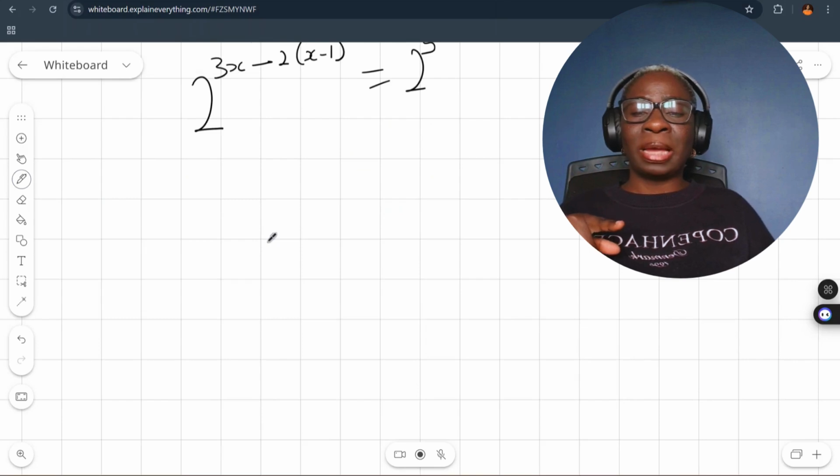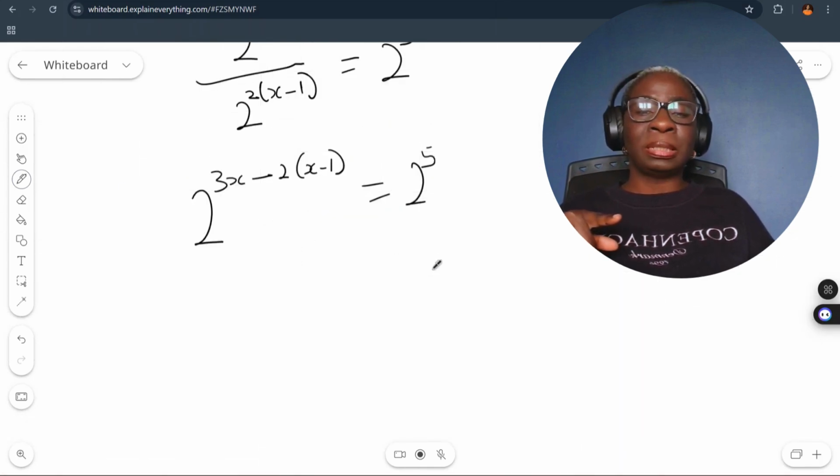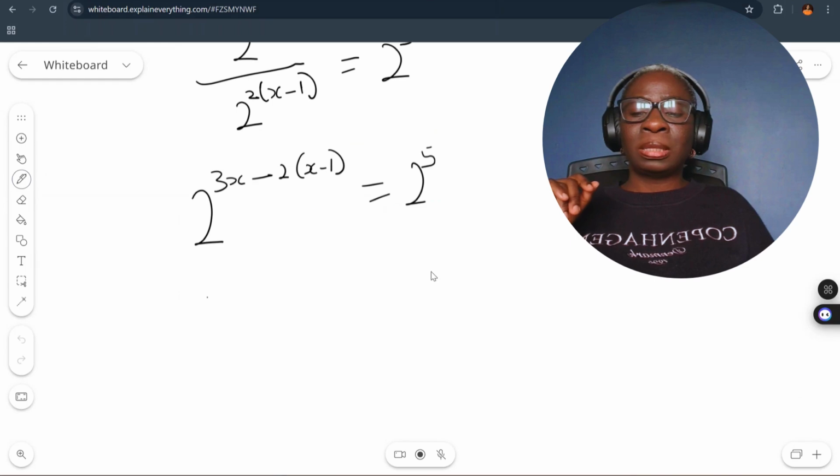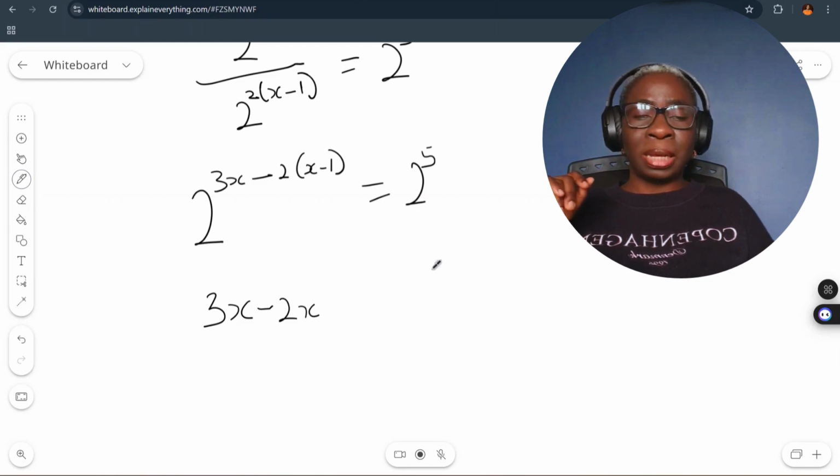Now let's simplify. Now that we have the same base, let's equate the power, so that we would have 3x. Let's open this bracket. Negative 2 times x would give negative 2x. Then negative 2 times negative 1 would give positive 2, and this would be equal to 5.